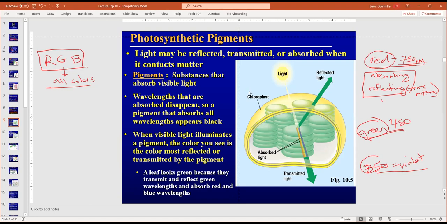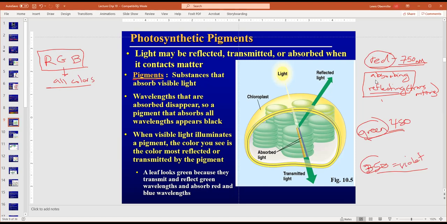And usually shirts are dyed with pigments, which are the same sort of thing that chlorophyll is. It's a pigment. If I use chlorophyll to dye my shirt, then my shirt would be green, and it would reflect green wavelengths, right?